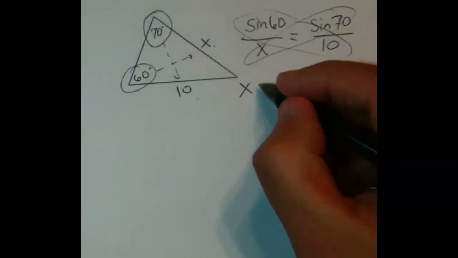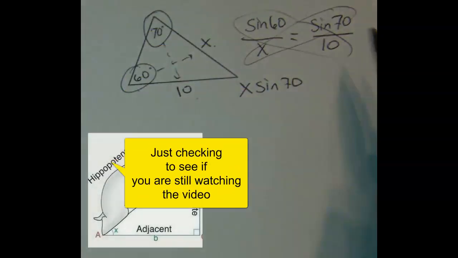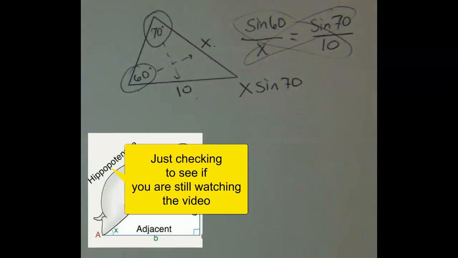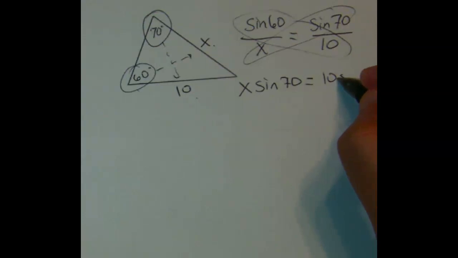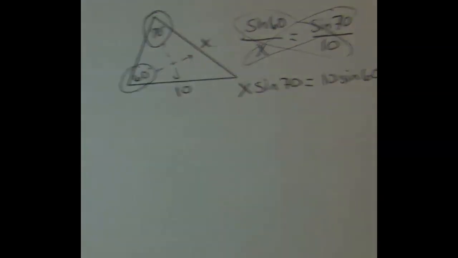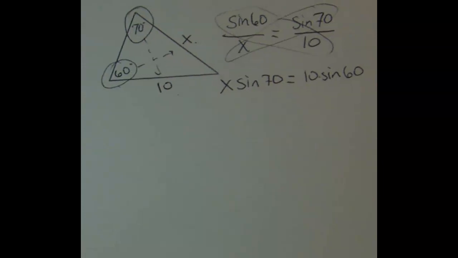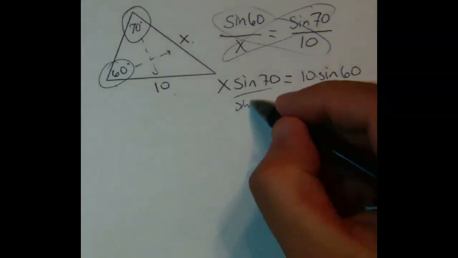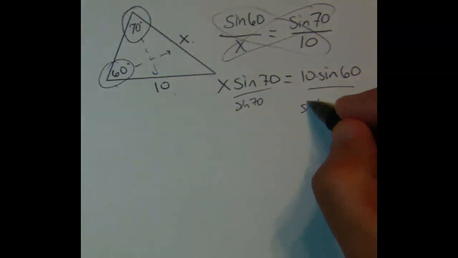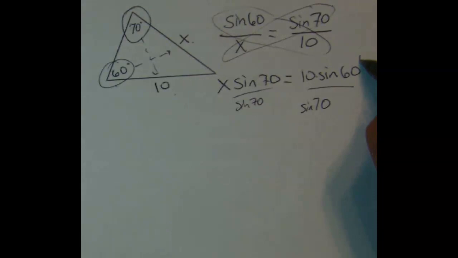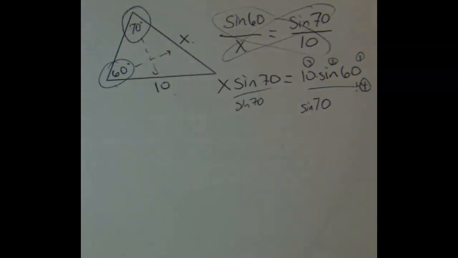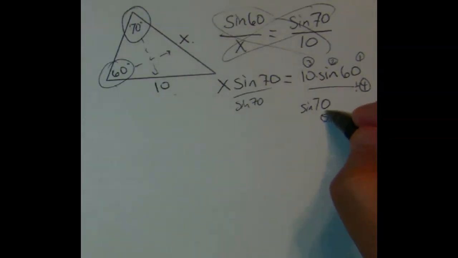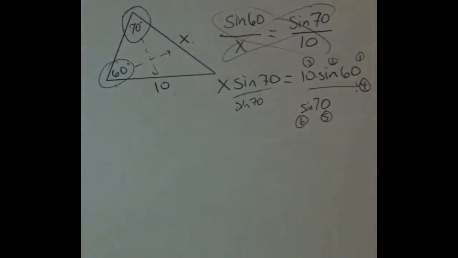I have x sine 70 equals 10 times sine 60. Always do the one with the variable first because it makes it a little easier when you're putting it in your calculator. We know this is going to be divided by sine 70. Do that in your calculator on your phone and you'll get the correct answer every time.